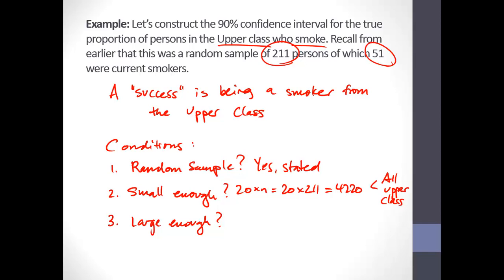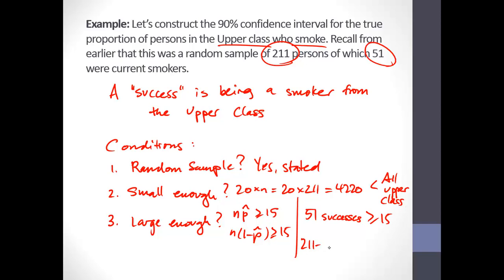Now large enough. We want to make sure that n times p hat is bigger than or equal to 15, and n times 1 minus p hat is bigger than or equal to 15. We haven't calculated p hat yet, but when we have the counts like this, we can just figure out how many successes and failures we have. We have 51 successes, which is bigger than 15 most days anyway.